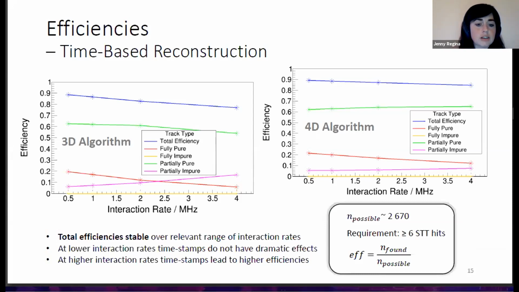And you can see that in both cases, the efficiency is quite stable over the relevant range of interactions, but it's more stable when you use the timestamps, so in the 4-dimensional case. And you can see that at lower interaction rates, the 2 cases coincide quite well.